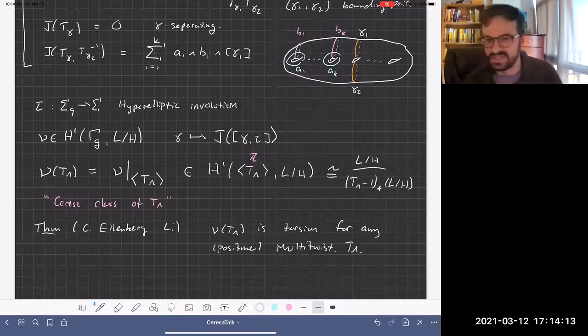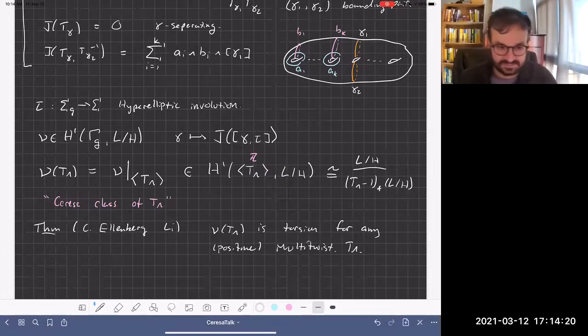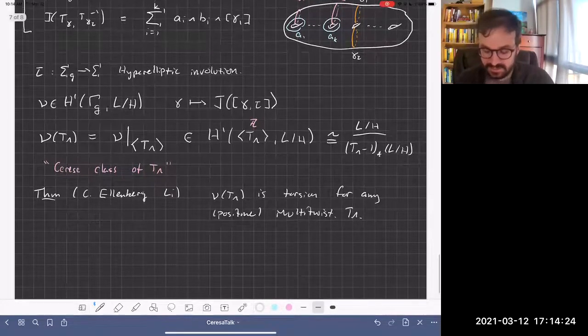Positive in the sense that we want the c_i's to all be positive, the powers of the Dehn twists.